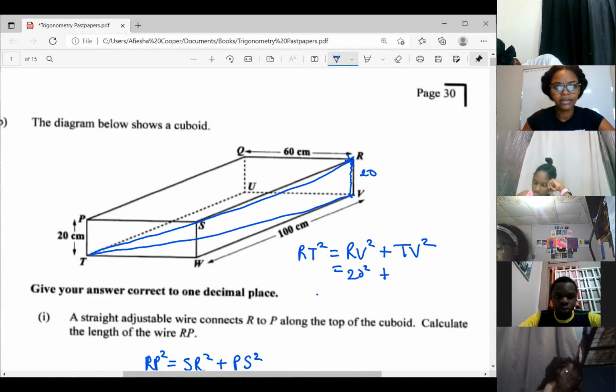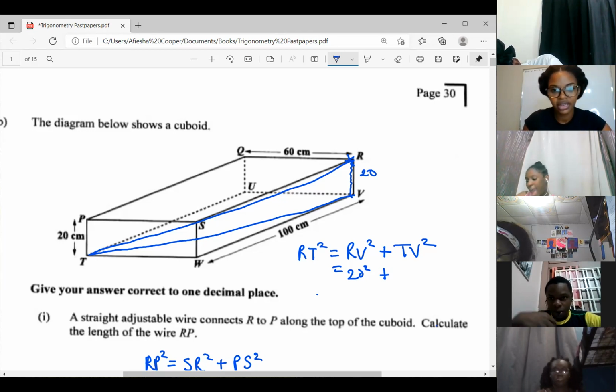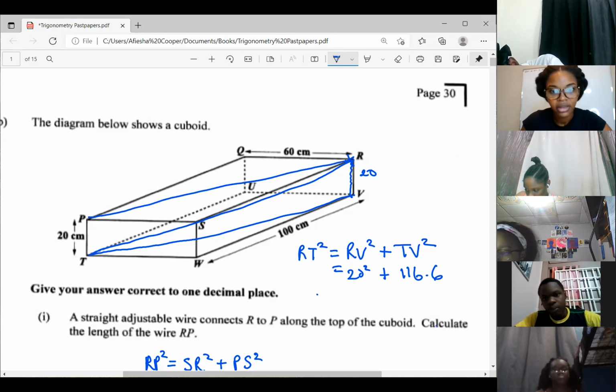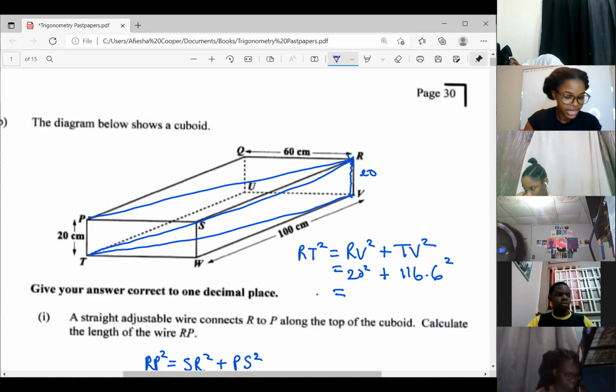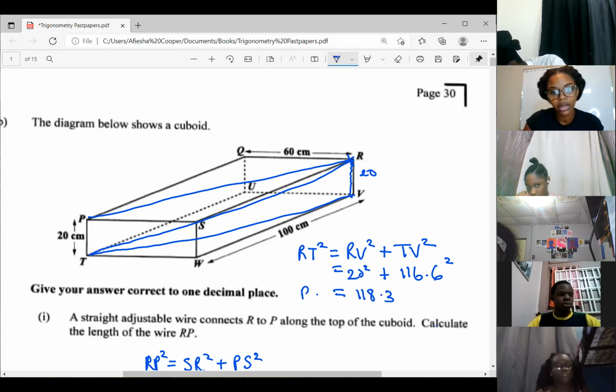The bottom line through the center. 116.6, my bad, because it will be the same as on top here, right? The bottom will be the same as the top. So 116.6 squared. And how much would that give us? 118.3. Yes, miss. RT. Very good.